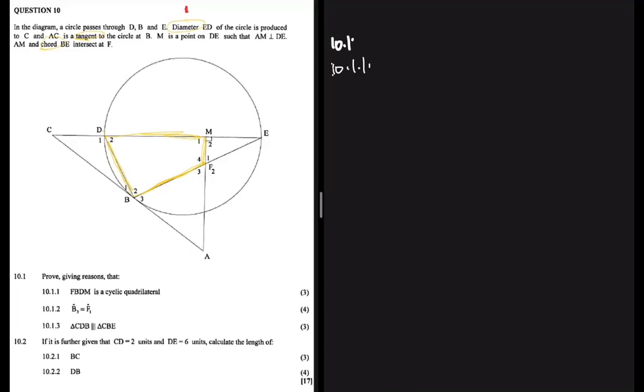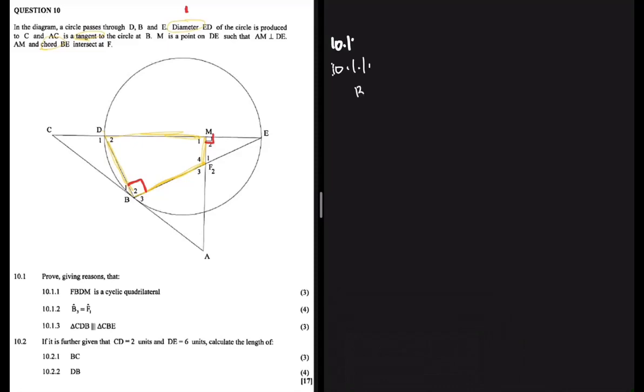The diameter, the only thing it's telling us so far is that this angle B2 is 90 degrees, because an angle that is subtended by a diameter on the circumference is 90, right? But then if you pay close attention, you will realize that M2 is also 90, right? And then an exterior angle of a cyclic quad is equal to the interior opposite, right?